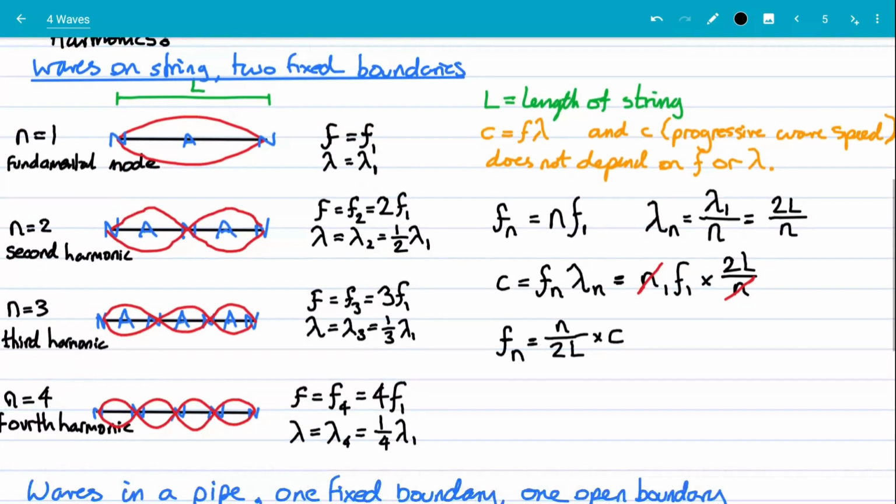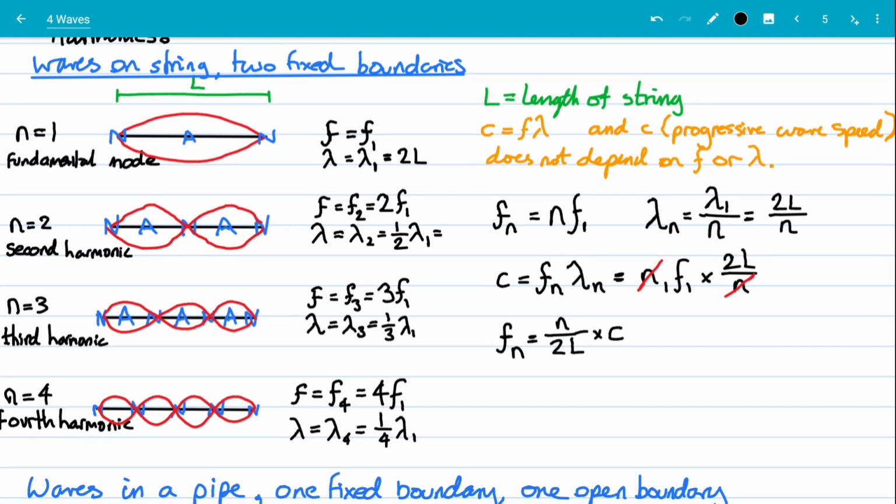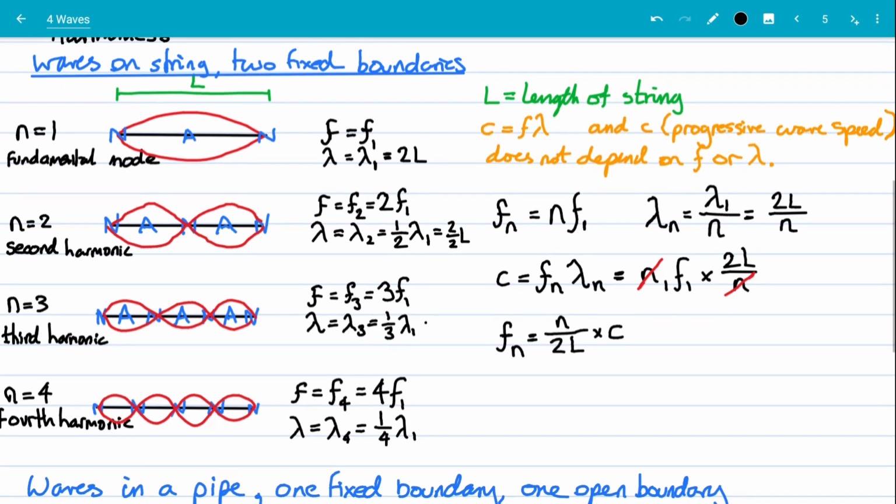So if we go back to this example, that is equal to 2L. And this one is equal to 2 over 2L. This one here is equal to, what is it equal to? That's 2 over 1, 2 over 2, 2 over 3L. This one here is equal to 2 over 4L.